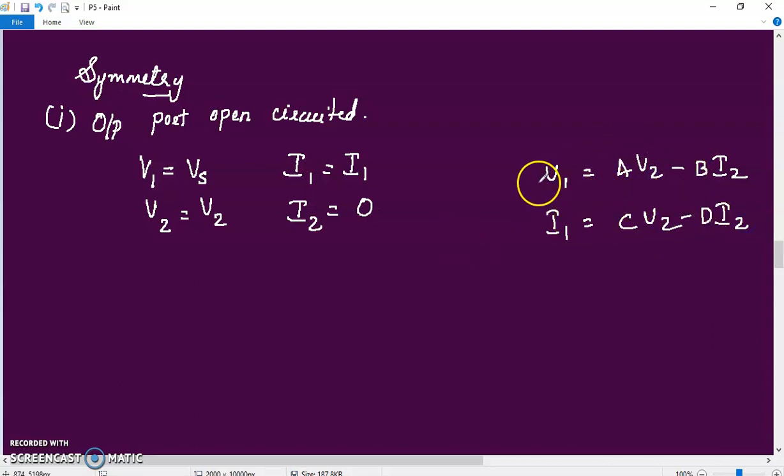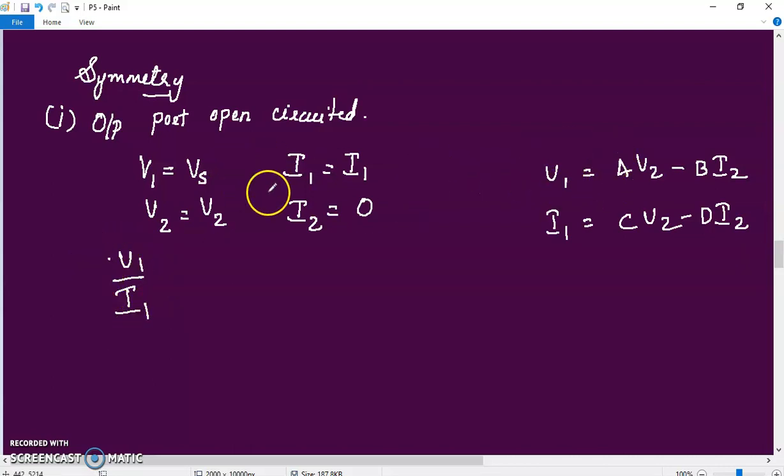These are the equations. So for proving the symmetry, we have to show that the voltage to current ratio at the input port is the same as that of the output. So we have V1 by I1 for this condition. When the output port is open circuited, we have to find V1 by I1, the voltage and current ratio at the input.